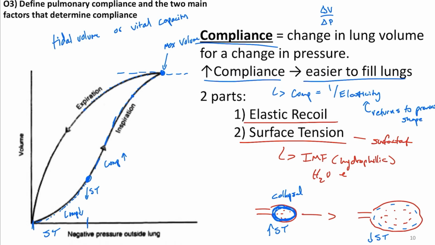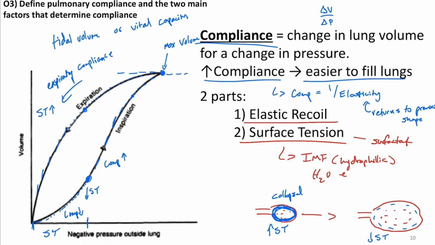But then there becomes a point right around here where suddenly the rate of decrease becomes more and more negative. That's because the compliance in the expiratory direction, so expiratory compliance, is actually increasing. The reason for that is that now the surface tension is working with the decrease in size.